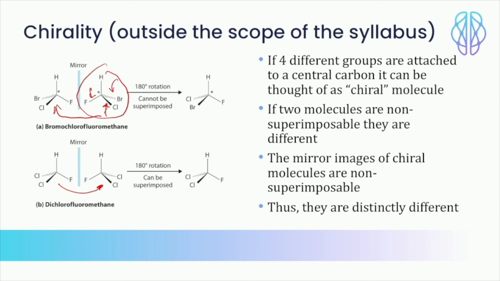If we rotate this about this axis and the chlorines swing over to this side, we'll get this structure here. So thus, a chiral carbon, being a carbon with 4 different groups attached to it, its mirror images are non-superimposable. So the mirror images are 2 different compounds. That's pretty much all you need to know.